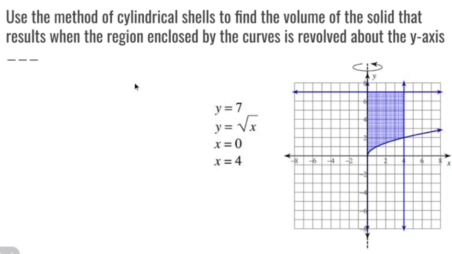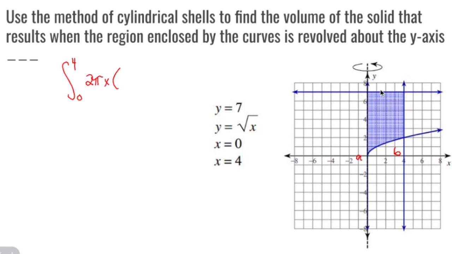Now, generally speaking, when you use the shells method, the way you find the volume is you take the integral where your limits of integration are going to be between a and b, which is created by 0 and 4. You take the integral of 2 pi x, and then whatever this shape is, f of x, whatever curve this is.